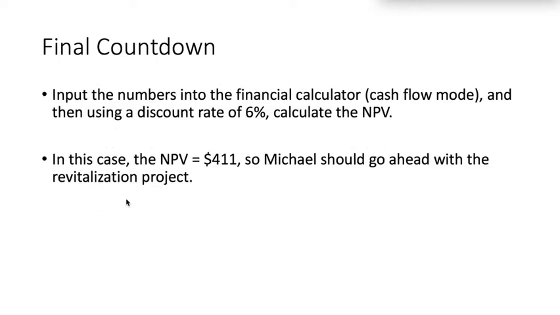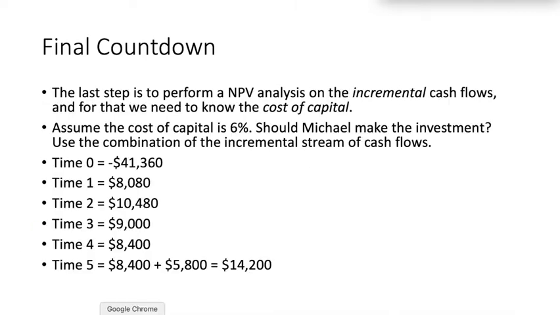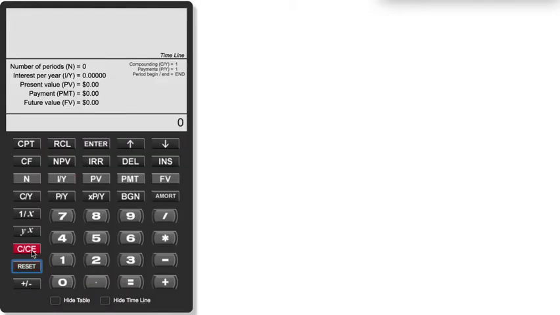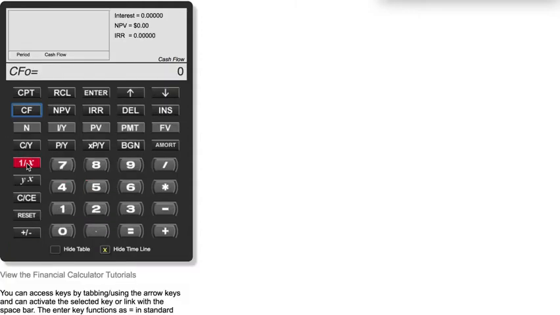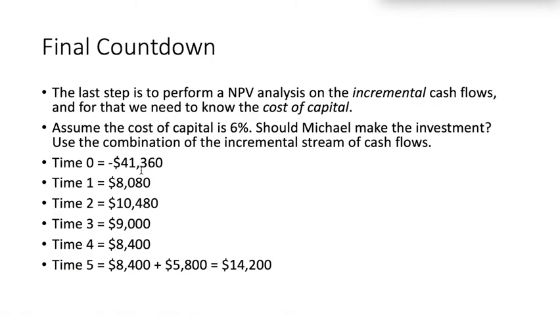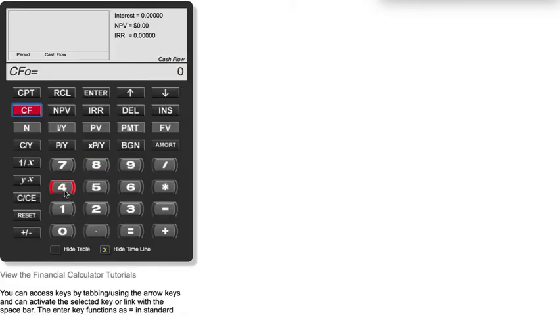And so, if you put the numbers into the calculator, which I can show you here, so this is what the calculator looks like. You have to switch to cash flow mode. And first of all, the initial investment amount is going to be $41,360.